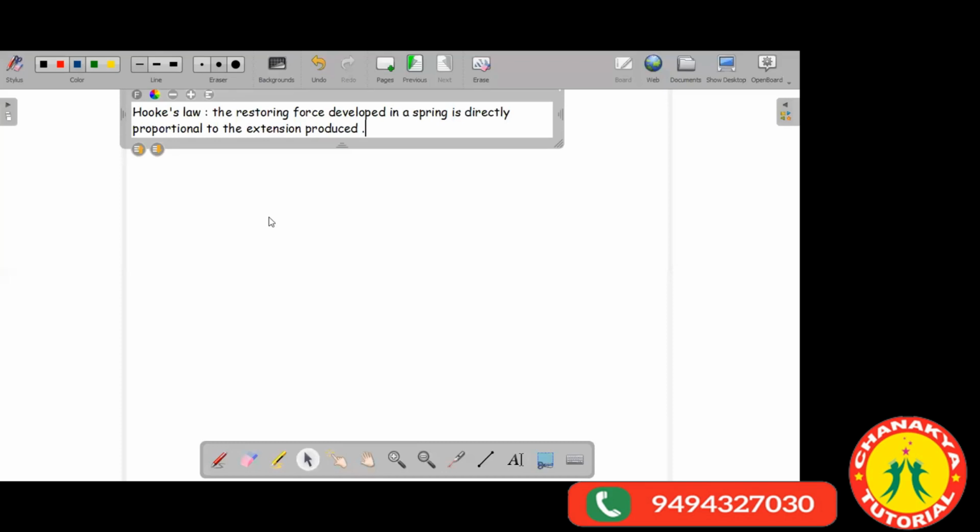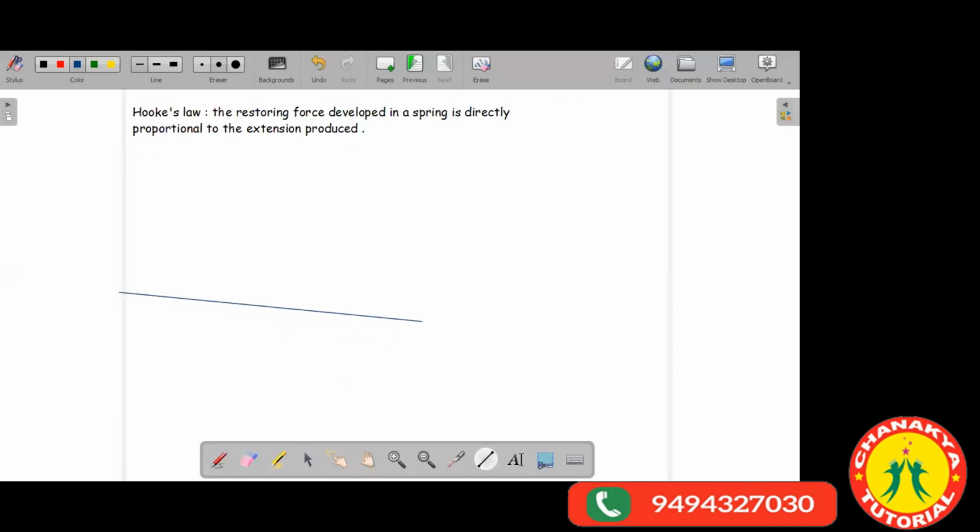For example, there can be a bending that has been achieved, or an extension that has been achieved. Consider an iron rod, and suppose you apply some force on the top and make this iron rod bend somewhere like this.